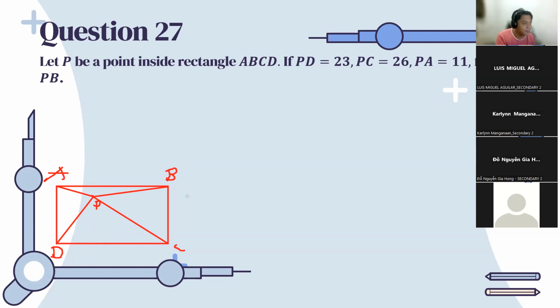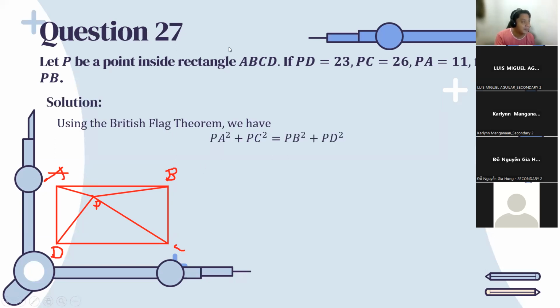There is a theorem, which is what we call the British flag theorem, which states that the sum of the squares of the segments connecting P to the opposite vertices, let's say PA squared and PC squared, is equal to the sum of the squares of the lengths from point P to the other pair of vertices.